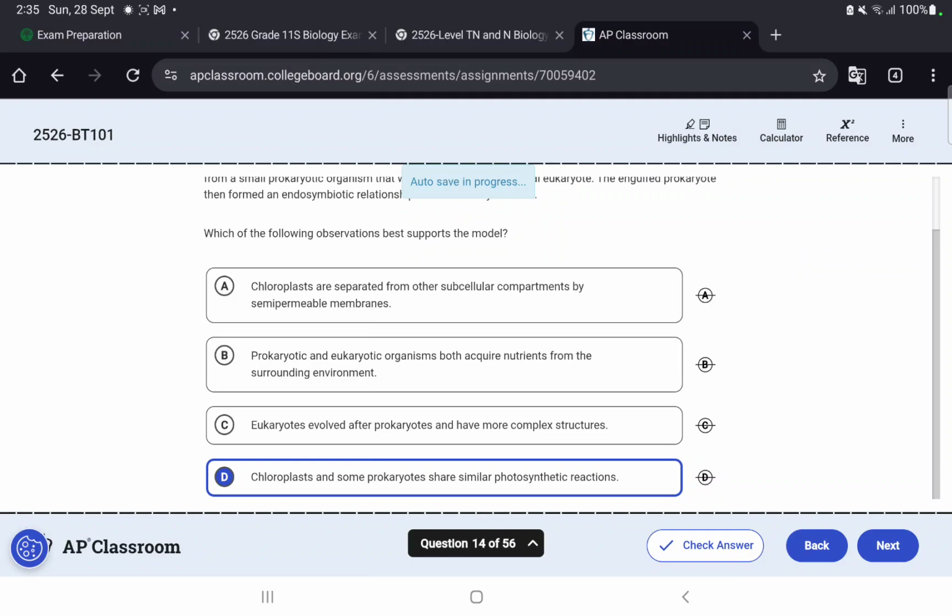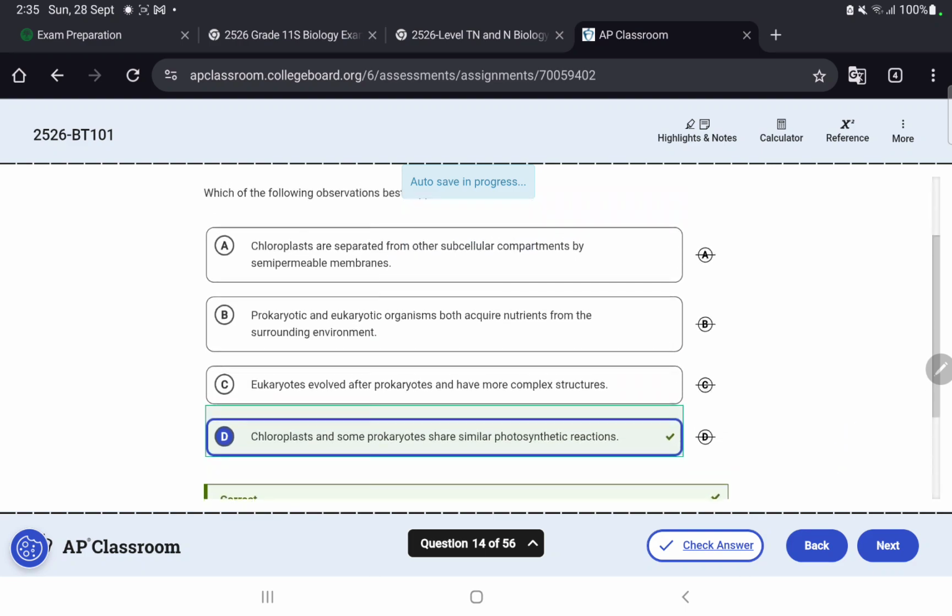Chloroplasts and some prokaryotes share similar photosynthetic reactions. If the origin of chloroplasts was the autotrophic prokaryote, and the chloroplasts of eukaryotes and the autotrophic prokaryotes undergo similar photosynthetic reactions, that means it was actually engulfed.